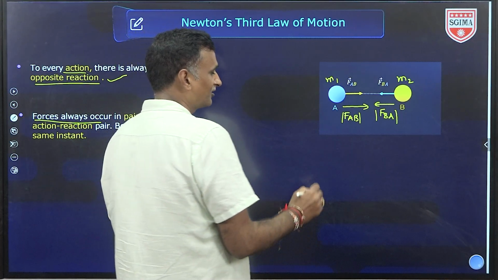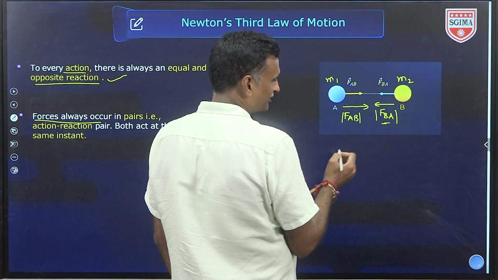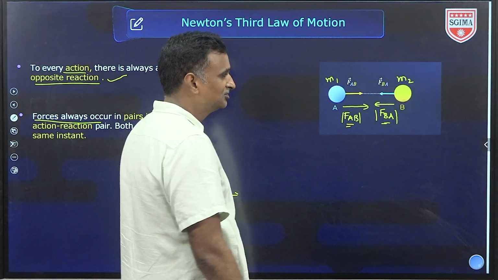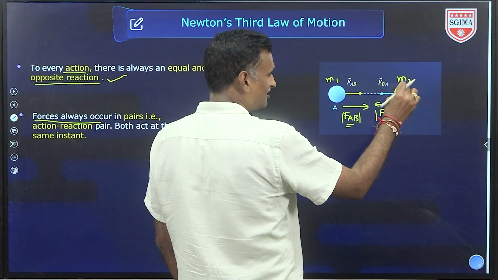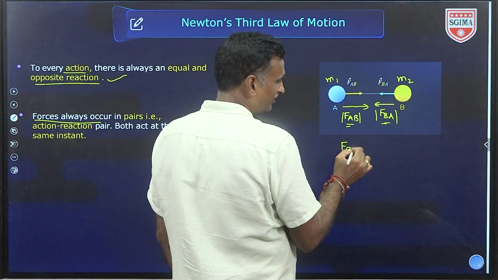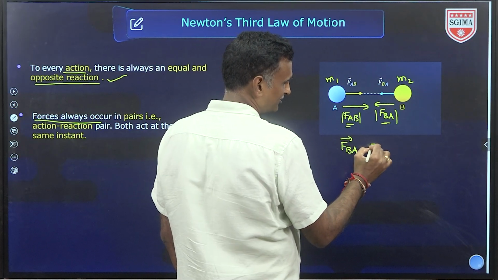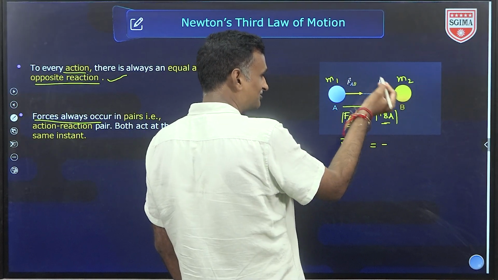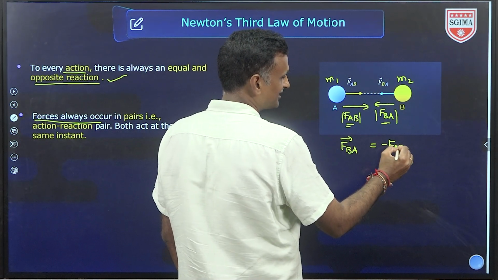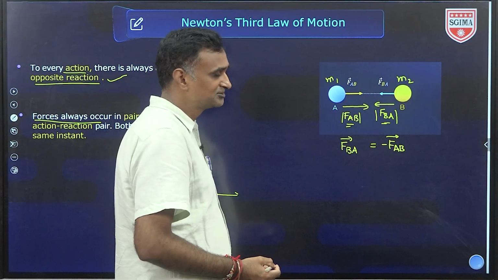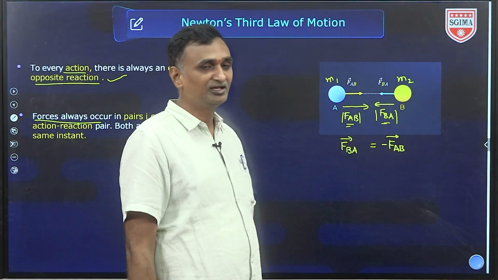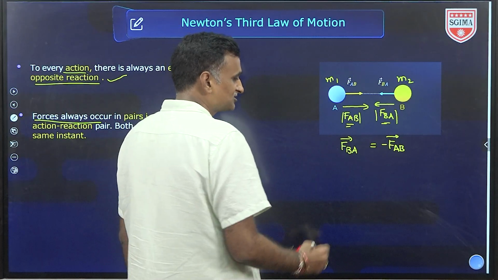From this we can write that one force is the action and the remaining force is the reaction. The force exerted on B by A, FBA, is the action, then the reaction is the force exerted on A by B. Vectorially, F action equals minus F reaction, but the magnitudes are the same.